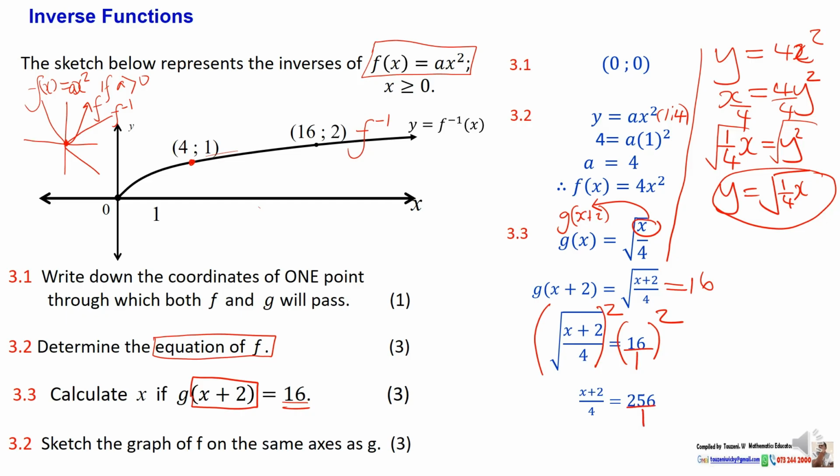Then we cross multiply to get x plus 2 is equal to 4 times 256. That will give us 1024. Then you move the 2 to that side. It will give you x is equal to 1024 minus 2. So x is equal to 1022. That is the answer for number 3.3.